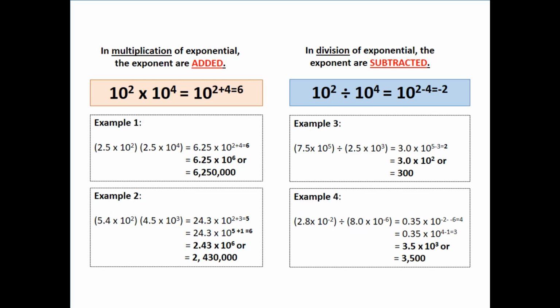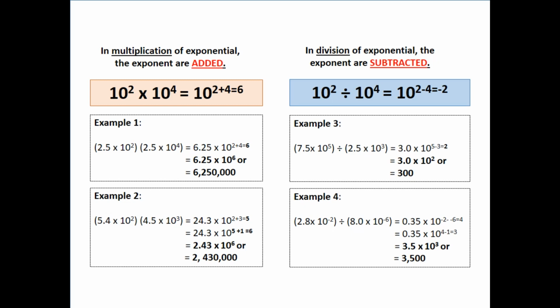Okay, so another example, we have example number 4. So 2.8 times 10 raised to the power of negative 2 divided by 8.0 times 10 raised to the power of negative 6. So what you are going to do is divide 2.8 by 8.0. Since we have 2.8 divided by 8.0 for our coefficient, what will be our answer?